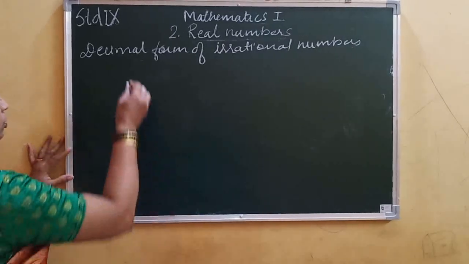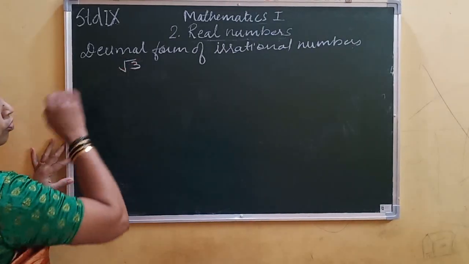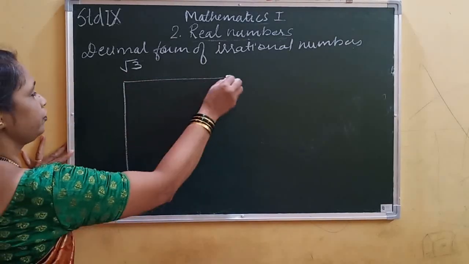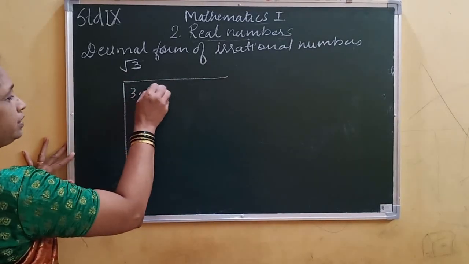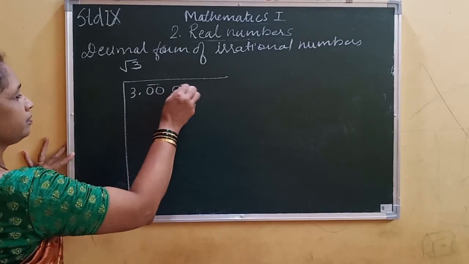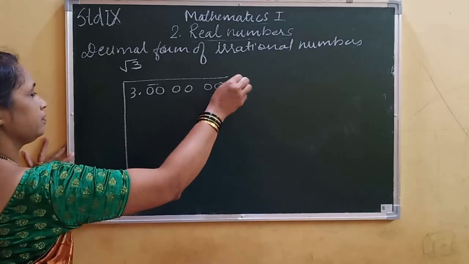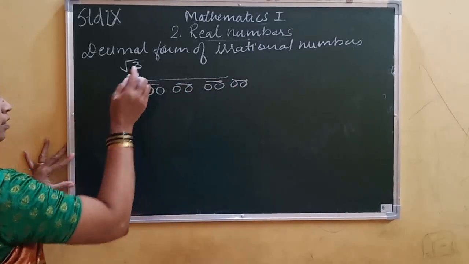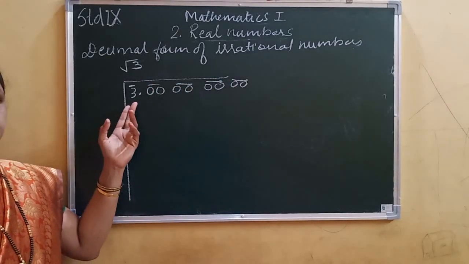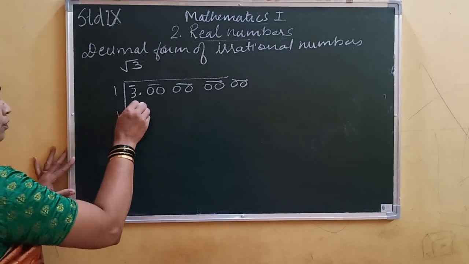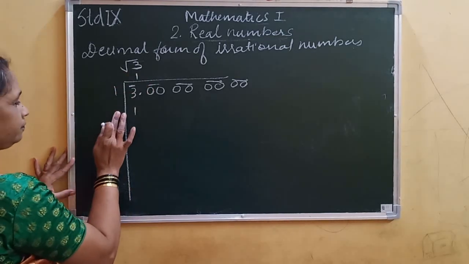Now see root 3. Decimal form of the irrational number root 3. Again we have to write it in terms of division. You can write 3.00. See, you have to put a bar on this. Now here, which is the square near to 3? That is 1. 1 1 1. Okay.